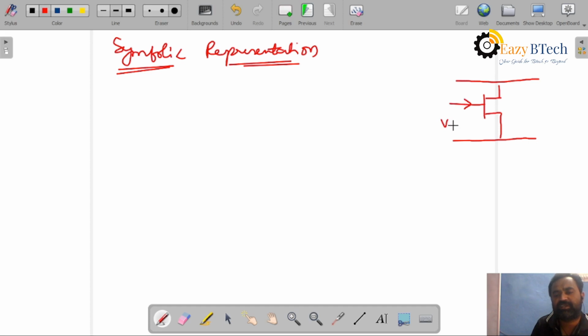This voltage is VGS, and it is always operated in reverse bias. And the voltage from here to here is VDS, the output voltage. This is the drain terminal, this is the gate, this is the source.